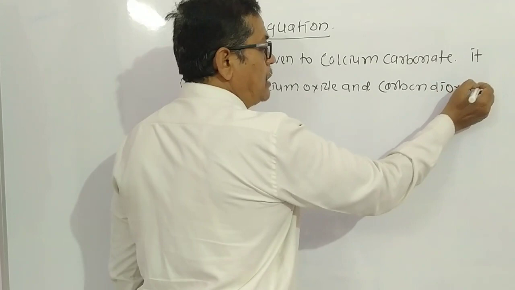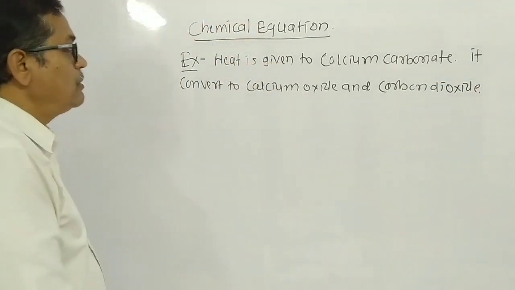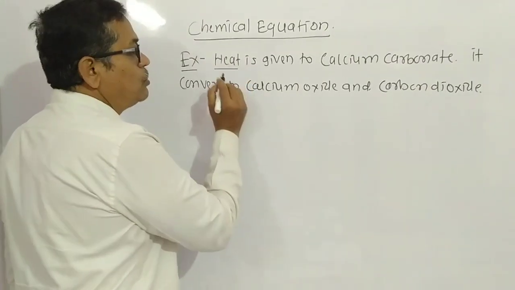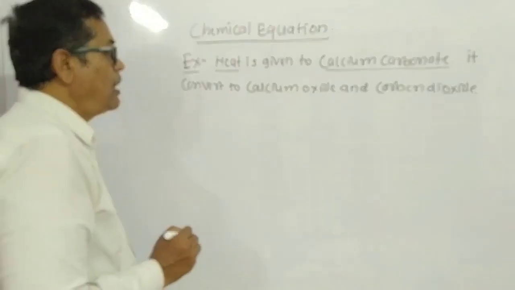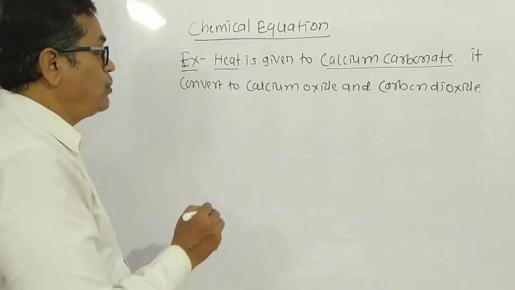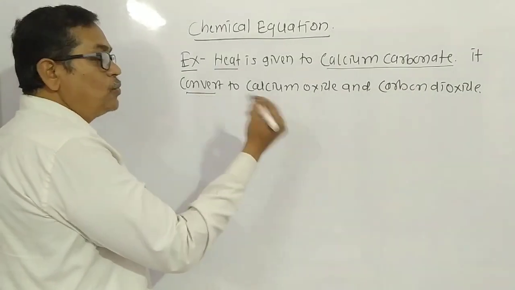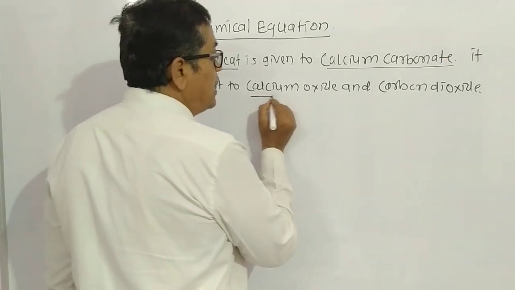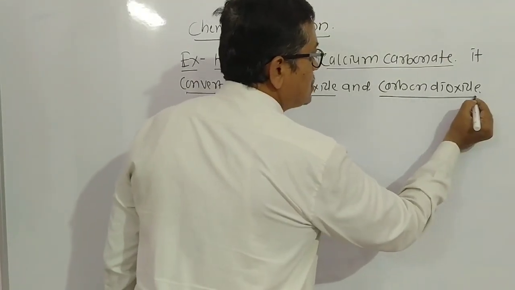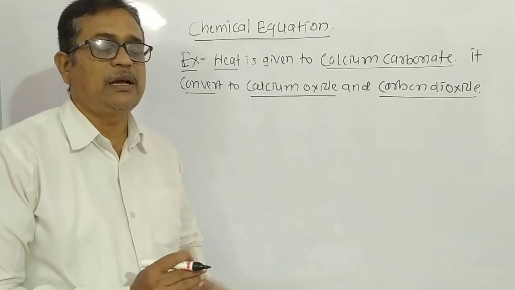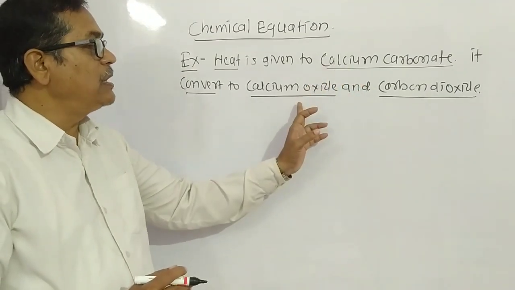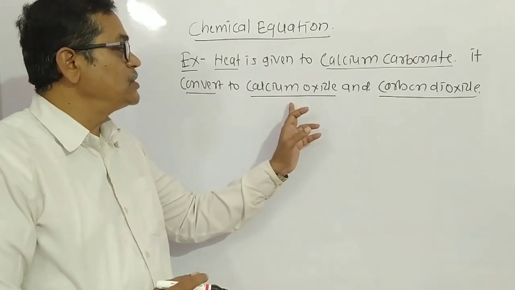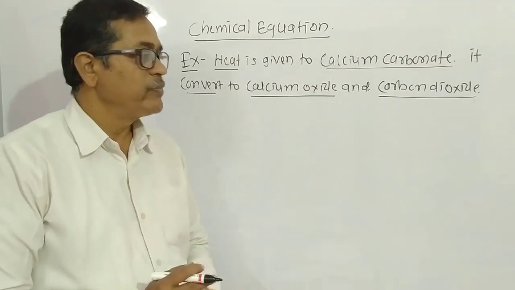We give heat to one substance, calcium carbonate, and after heating it converts to two different substances, calcium oxide and carbon dioxide. This is one example of a chemical reaction and it is a chemical change. When heat is given to one substance, it gets permanently converted into two substances, calcium oxide and carbon dioxide.